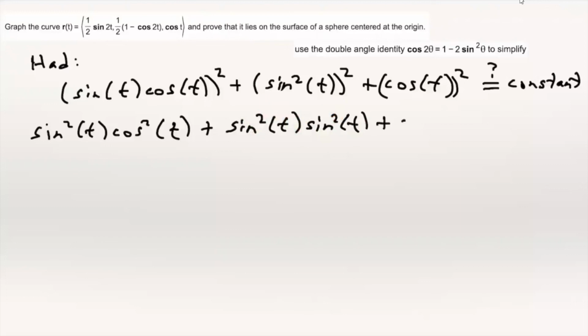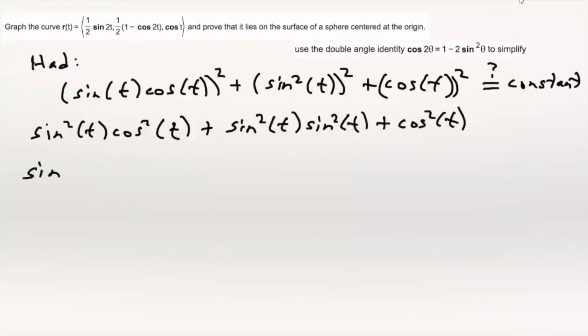And over here we have cosine squared of t. Right now we don't have any sine squared plus cosine squared. However, look at this. Both of these have a sine squared. And if we factor out that sine squared, then what's left is a cosine squared plus sine squared.